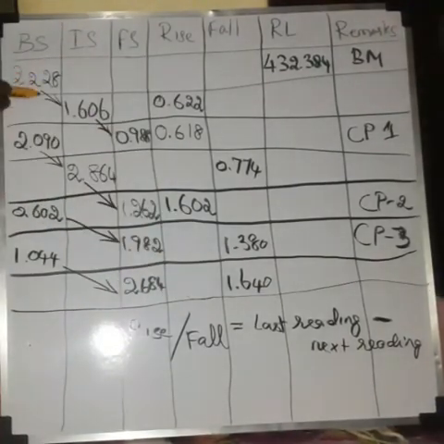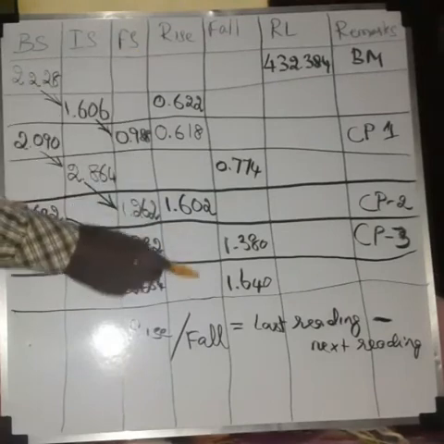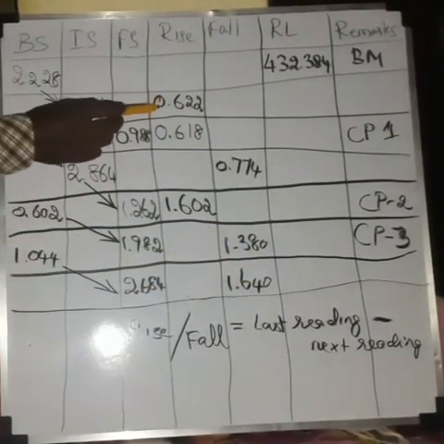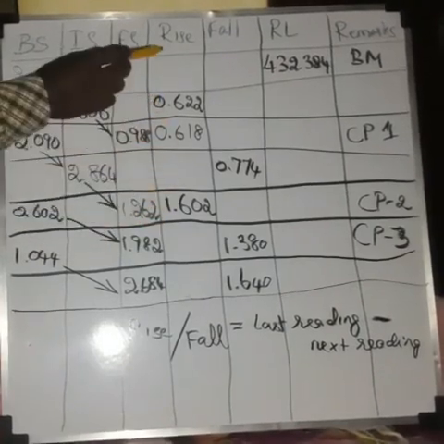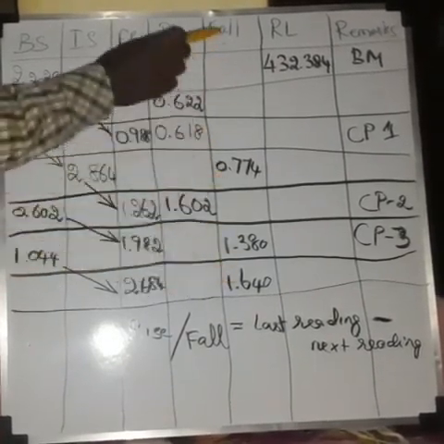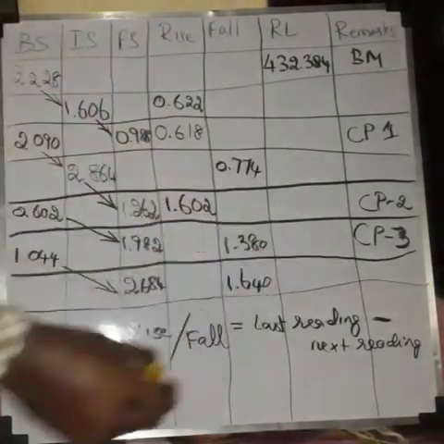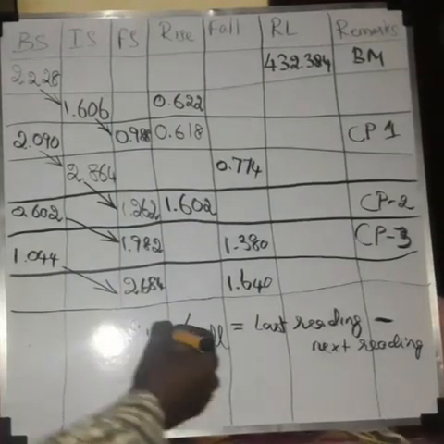By using the given observation, you can find the rise and fall value. Here, three differences are in rise and the remaining are in fall. Okay. So the next step is to find the RL of the object. What is the equation used here?